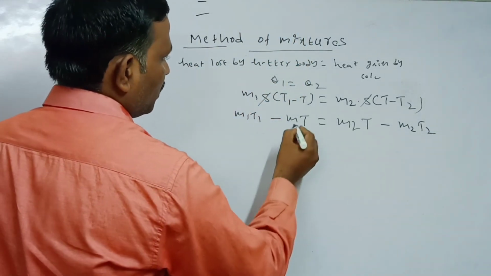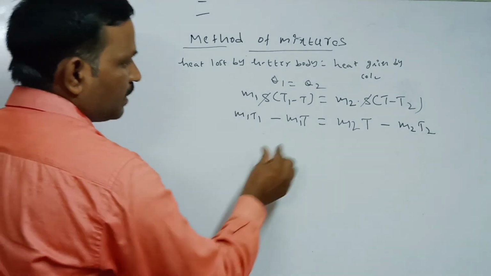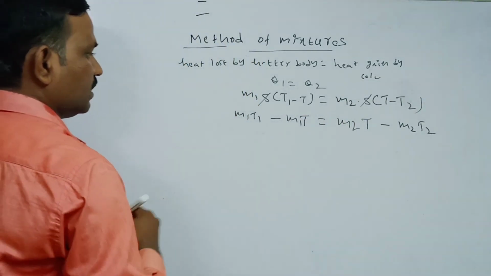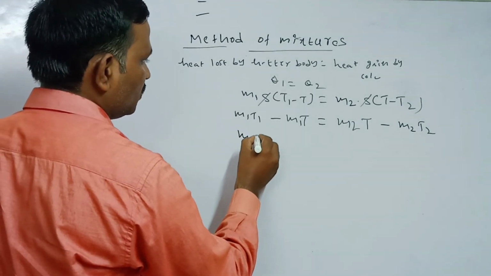Now send this minus term to that side and this minus term to this side. Now I am writing M1 T1.